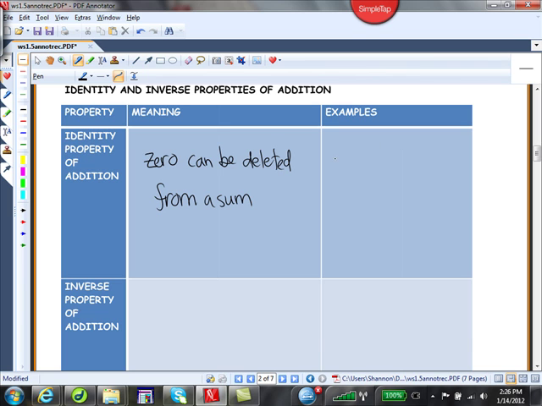So here's an example. 1 plus 0 is just 1, isn't it? So basically we've deleted 0 from a sum. Now if you want to bring a variable into it, let's say we had 1 plus x plus the opposite of x, and that would be 1 plus 0, which indeed, as we saw above, is 1.